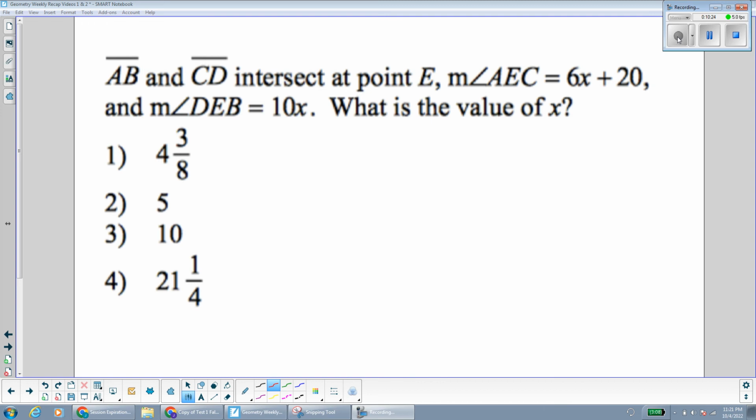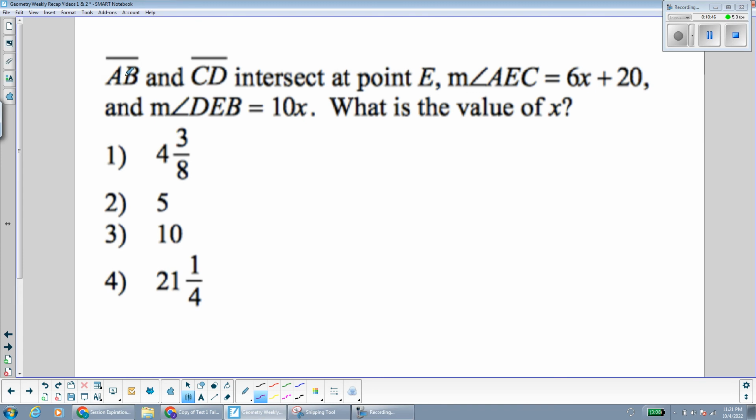Notice how there is no diagram given to you in this example. So using the information given in the situation, you should make your own diagram and you should label it according to the question. Anytime a question doesn't have a diagram, a great approach in geometry is to draw your own diagram.